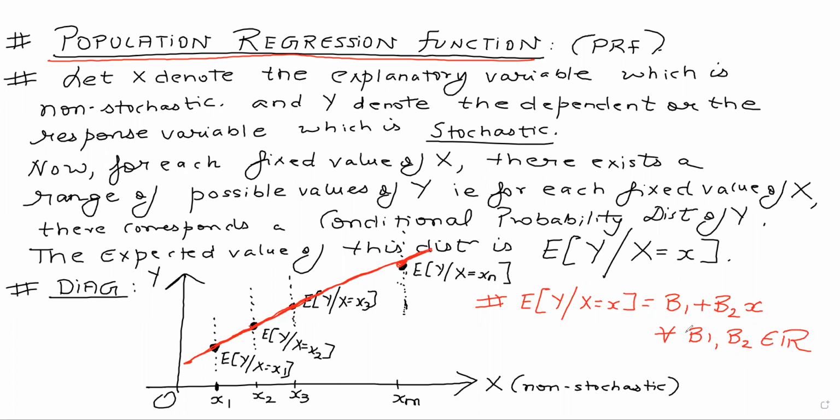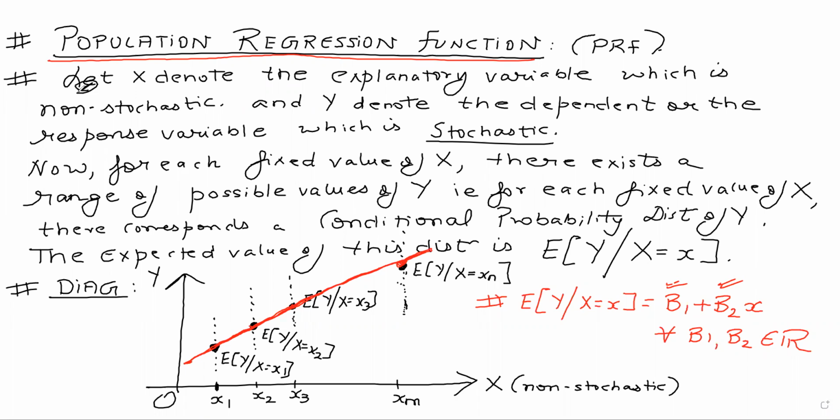Guys, this is how you write a linear function. This b1 is the intercept term. b2 is called the slope. So I have written the equation for this line, and now I am writing the theory further.